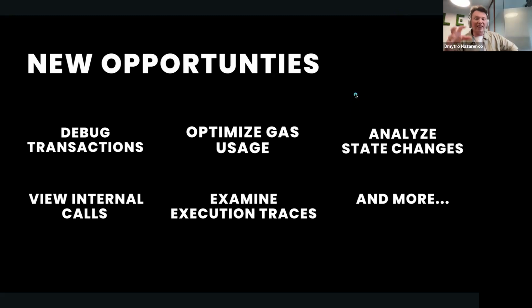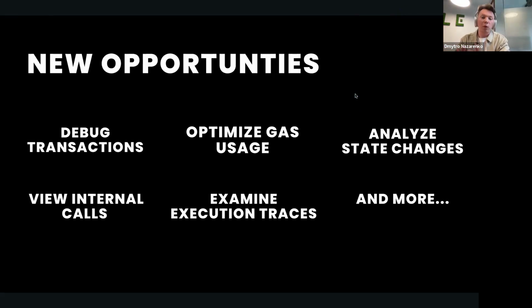Also, they can analyze state changes. For example, if some variables were put in the state, they will show up in the trace. And there are a lot of other use cases that can now be enabled on our Scale chains.